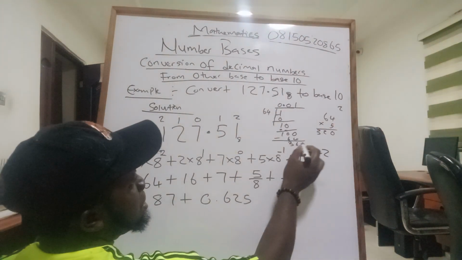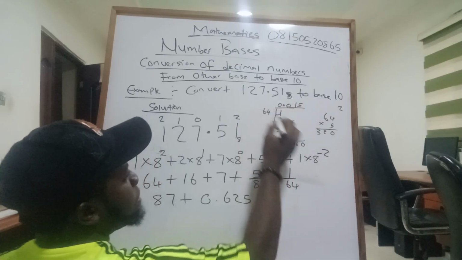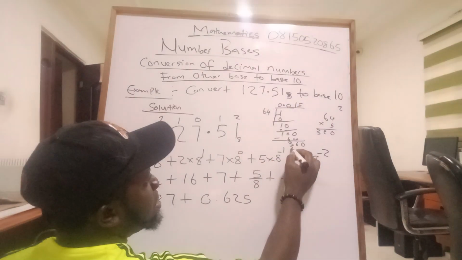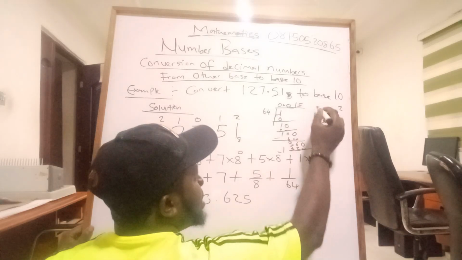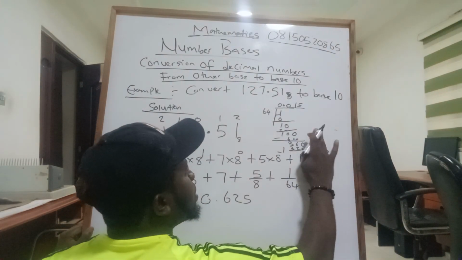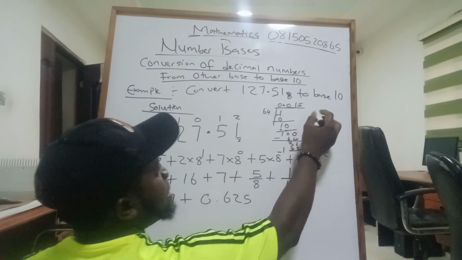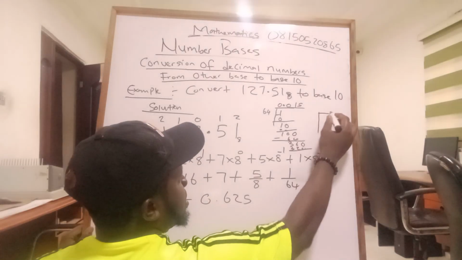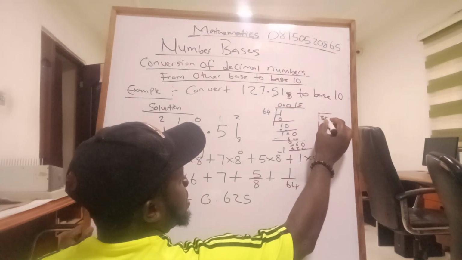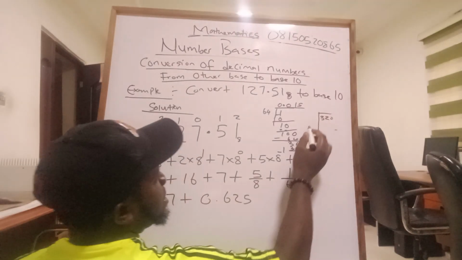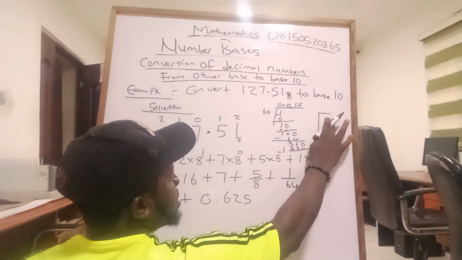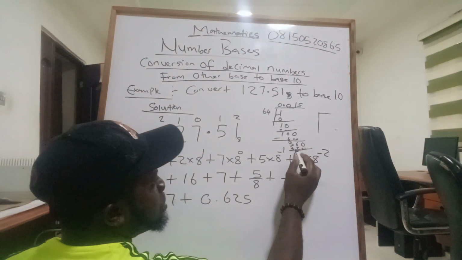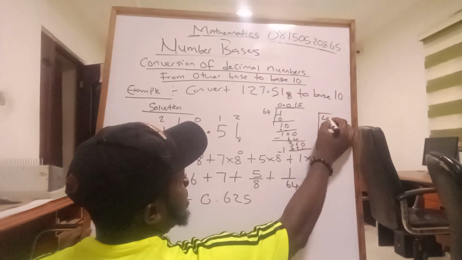You understand? So that's 5. When you subtract that, 360 minus 320, that will give us 40.